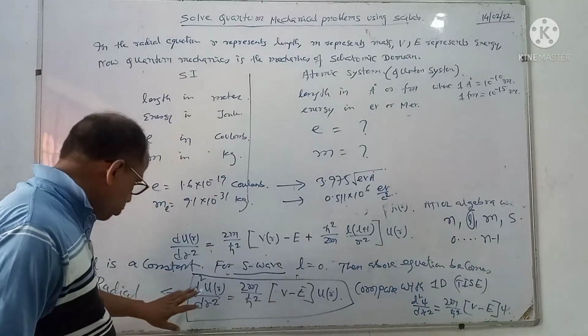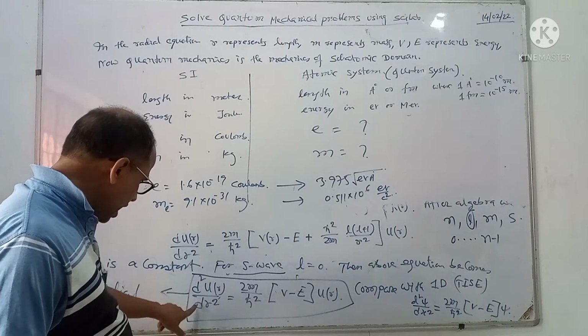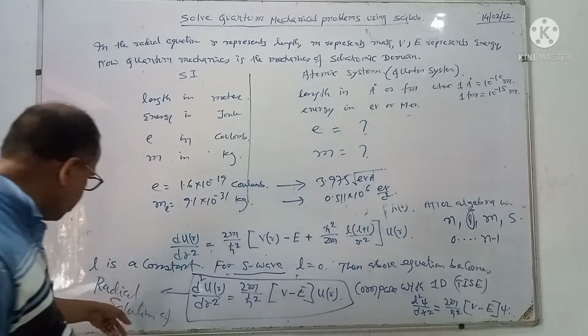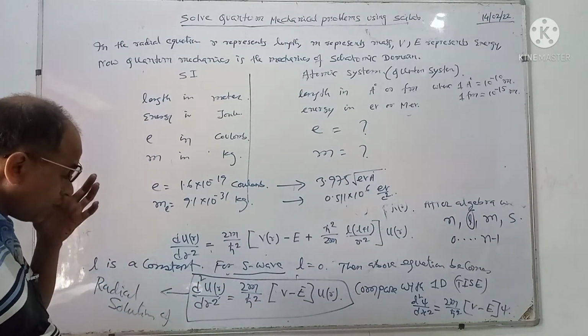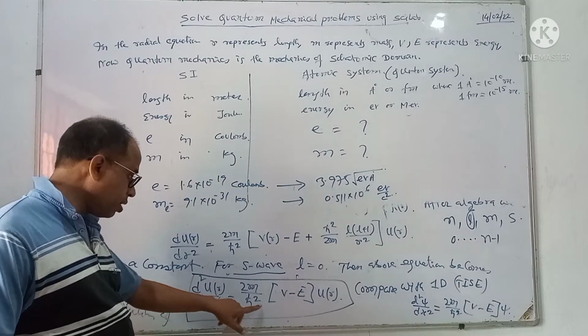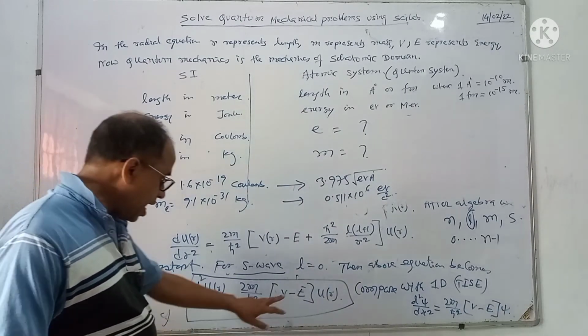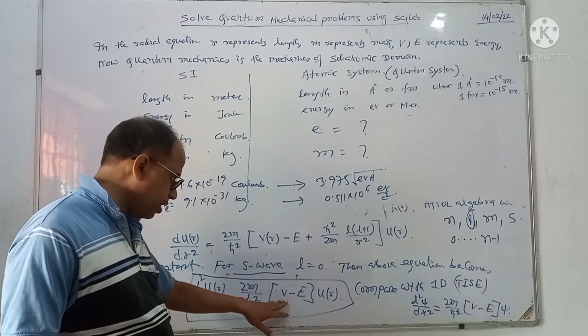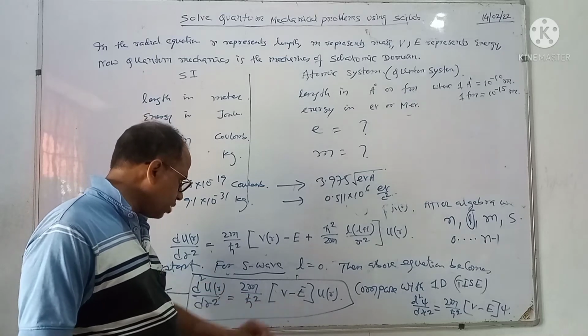Now, therefore you see the d2u/dr square, this is the radial equation I will use to solve quantum mechanical problems using Scilab. This is our fundamental equation. Different potential, different type of solution, different type of problem. And E is the total energy.